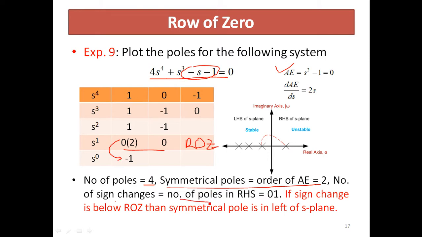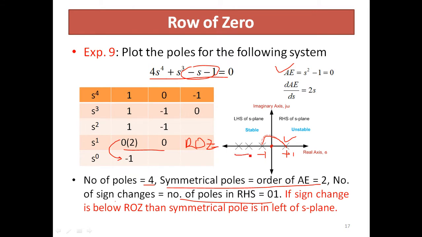So number of poles in RHS, that is 1. So let us assume this is your 1 pole in RHS. Then its symmetrical pole would be this one. If it is +1, then it should be -1. Symmetrical to origin, 0.